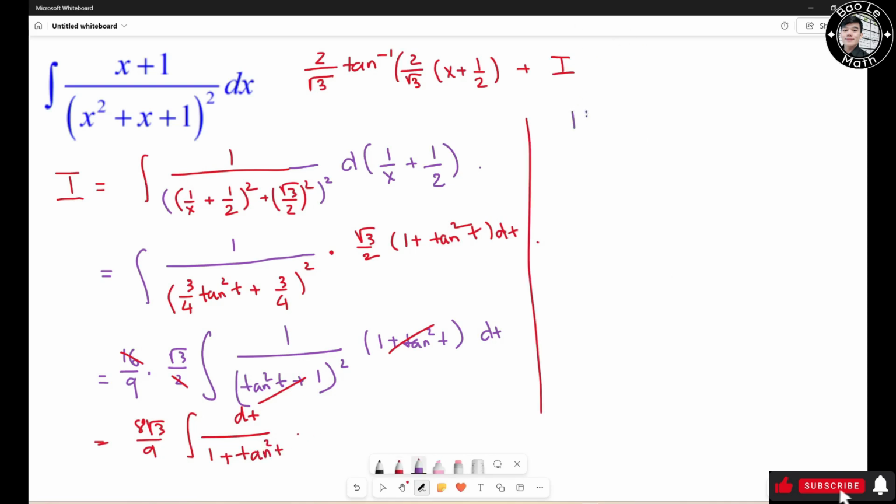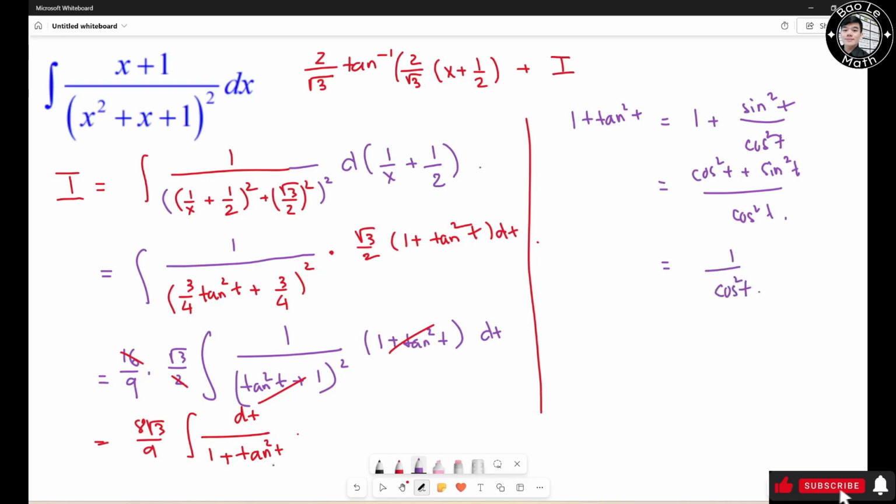Now 1 plus tangent square of t equals 1 plus sine square of t over cosine square of t, right? So this turns out to be cosine square of t plus sine square of t over cosine square of t, and then this turns out to be 1 over cosine square of t.